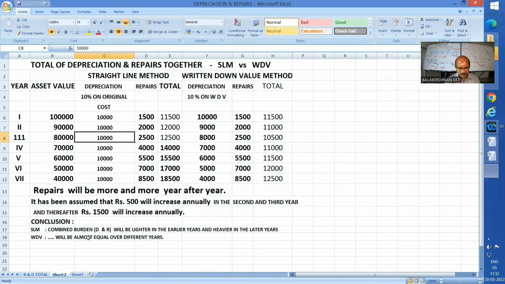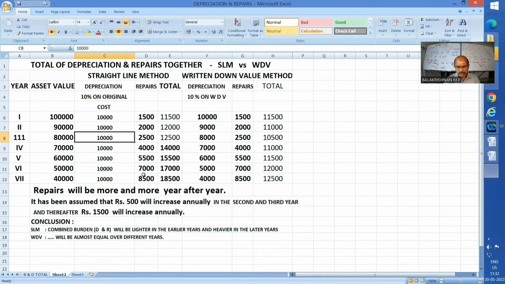So let us conclude that under SLM, combined burden of depreciation and repairs will be lighter in the earlier years and heavier in the later years. This has been confirmed. You know the depreciation is constant, and depreciation plus repairs amount has been taken.